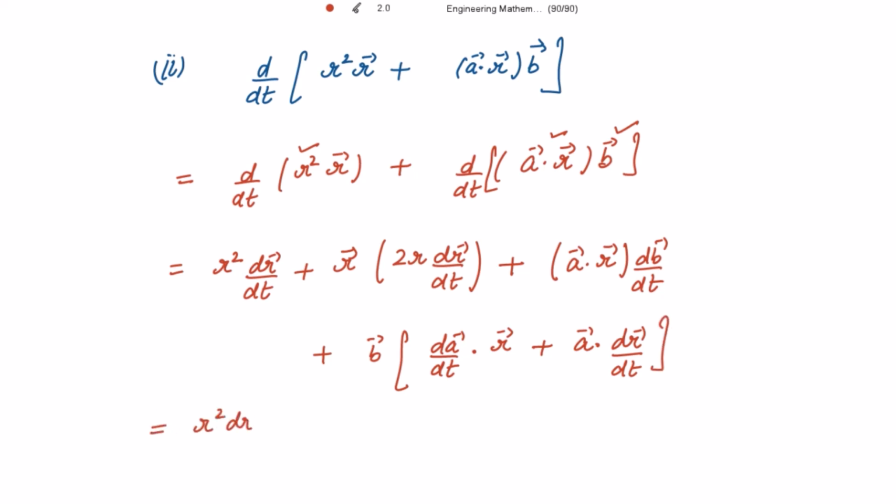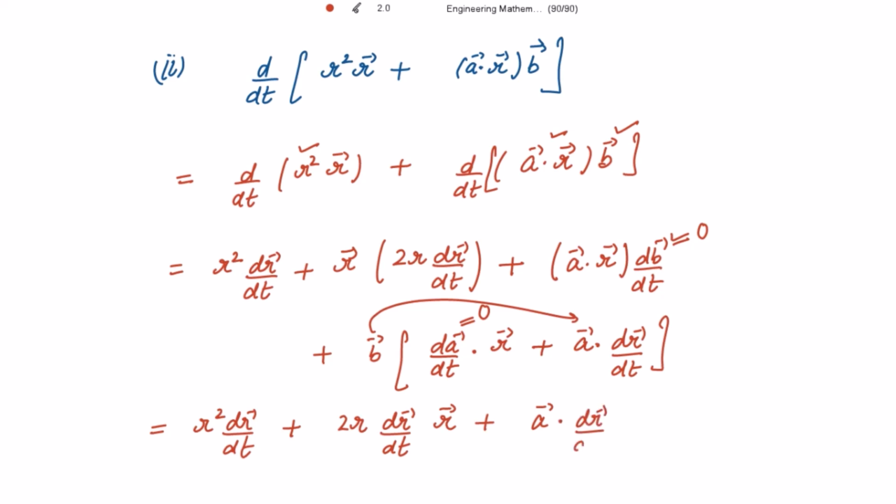Writing the first term as it is, plus writing here 2r dr by dt multiplied with r vector, plus, because b vector is a constant vector, so this derivative is 0, and also a vector is a constant vector, so this derivative is also equal to 0, and now b vector is multiplied with the last term, so it is a vector dot product with dr by dt, because they are having their dot product together, and now b is multiplied with this. Is it okay? Fine. Okay, let's move on to the next part.